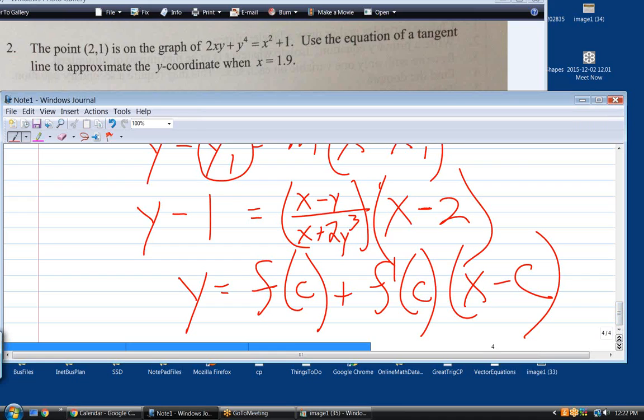F of C is going to be F of, trying to think for a moment whether C, hold on, I'll get here. Yeah, C is 2 here. So we have F of 2, which we know to be 1, right? Plus F prime of 2.